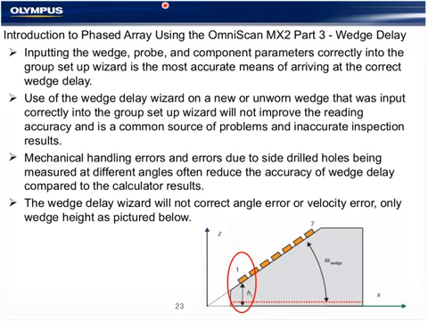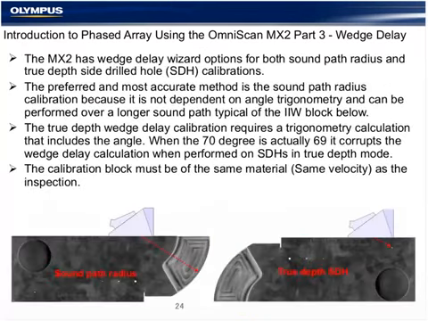For that reason, the radius is always a preferred method for doing this. When we use a radius instead of a side drilled hole, we are removing angle error from the equation. So we get a much more accurate wedge delay by not making it dependent on the size of the hole, the position the angle is hitting the hole, or any angle error as a result of velocity differences.